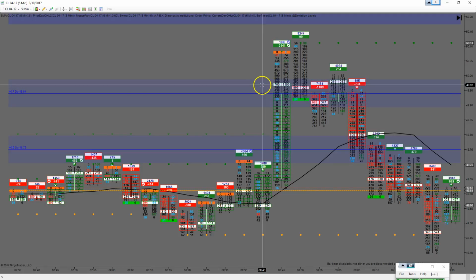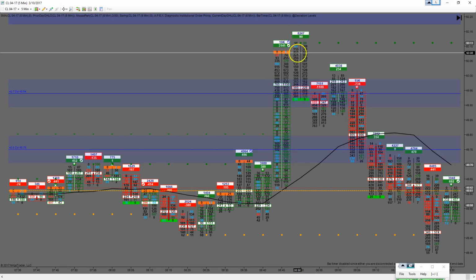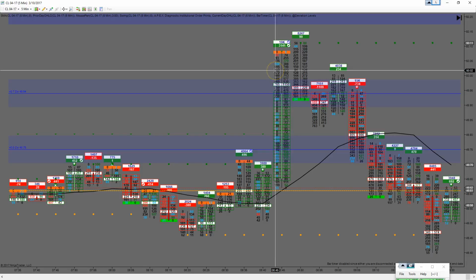And what is happening is the institutions, they have to create liquidity, because chances are all these orders from here up on the sell side, on the left side here, that's them. A great majority of them are. They can't put out 5,000 orders on one price level, because that just shows their hand.